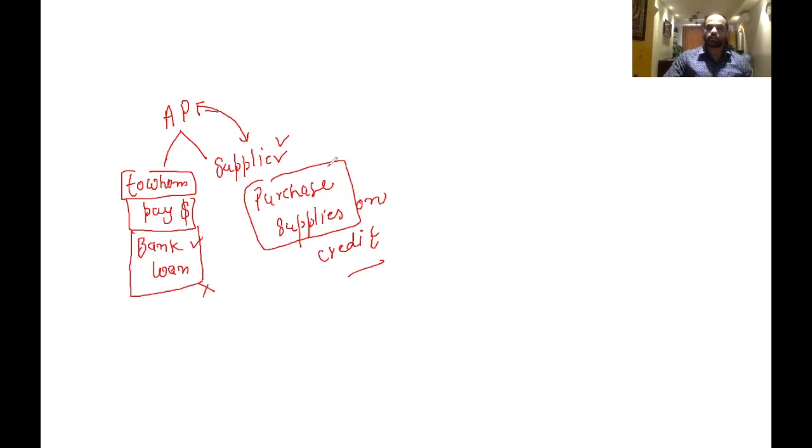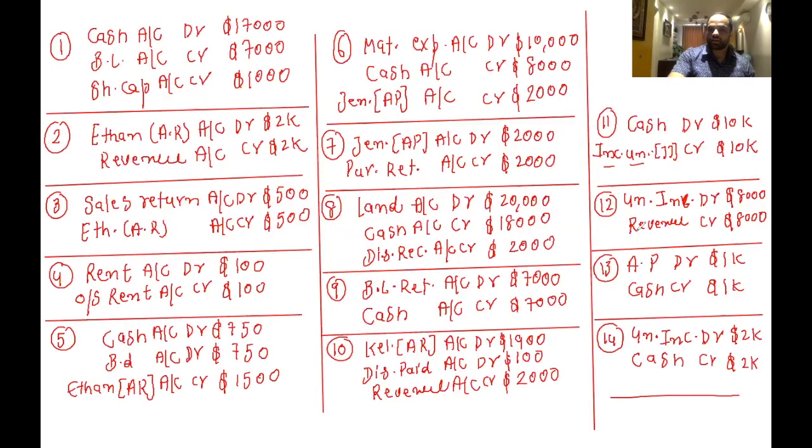Accounts payable means supplier. We purchase on credit, right? That's called accounts payable. If you purchase anything on credit, that person will become your supplier, your accounts payable. A bank loan is also accounts payable, but don't worry about it, because we use the word bank loan for a bank loan and accounts payable for supplier. So here we are talking about purchasing material. Number 13, purchasing material.